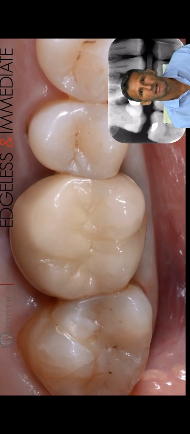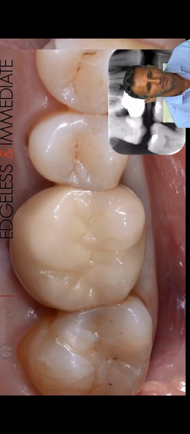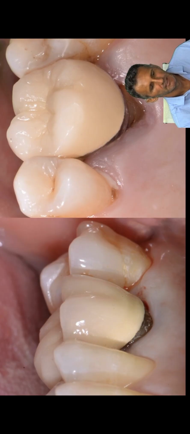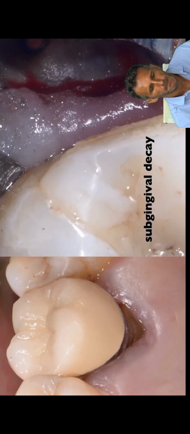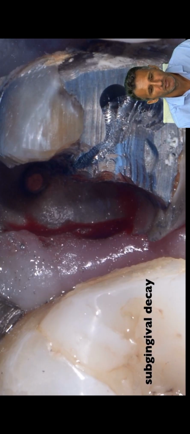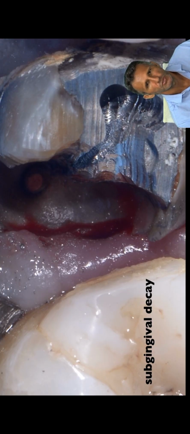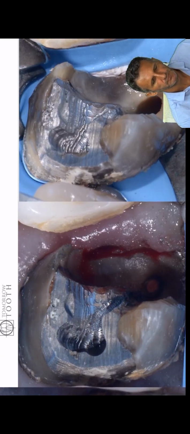This was an old crown with a relapse, with a decay under the distal side of this crown. This was the old crown, an old PFM. This was after the removal of the old crown, and look how deep the decay was. There was a huge subgingival decay.